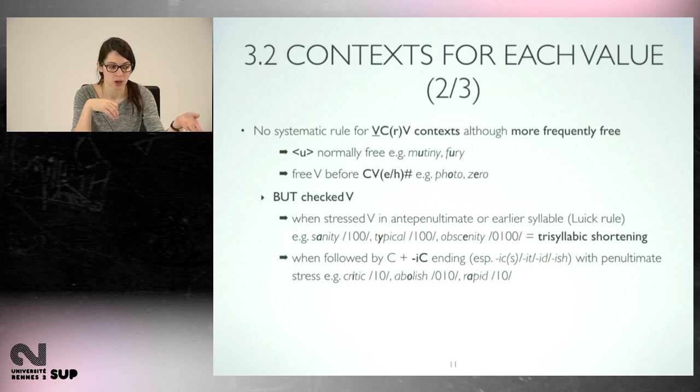So in all these words, you have a vowel which is followed by a single consonant and an IC ending. In the first word, critic, the IC ending is the ending ik. In the second word, the ending is ish. And in the last word, the ending is it.